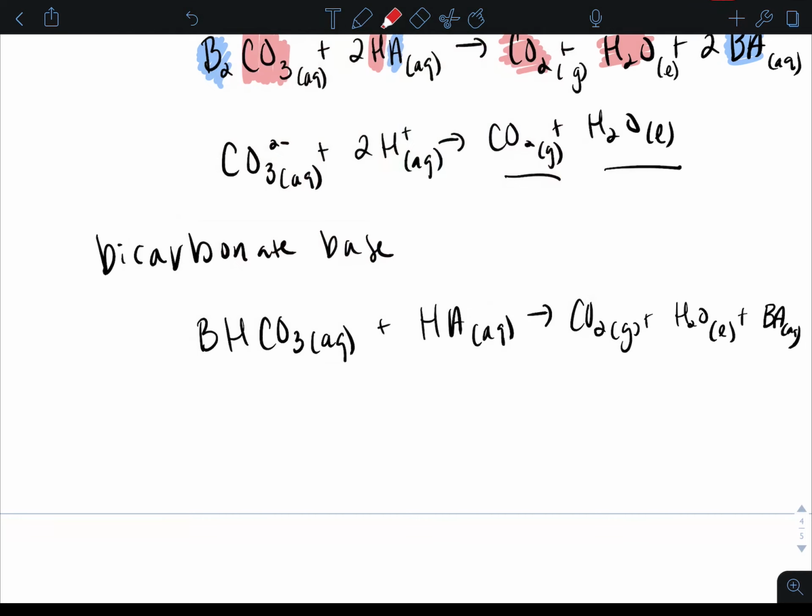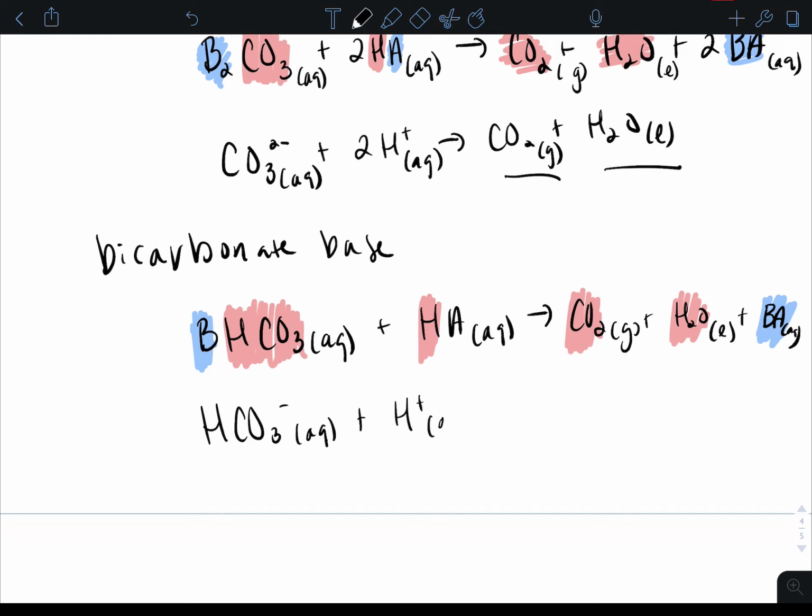So now we have our bicarbonate reacting with our hydrogen to produce carbon dioxide and water. Everything left over is our salt. So our overall net is HCO3 minus plus H plus goes to CO2 gas plus water.